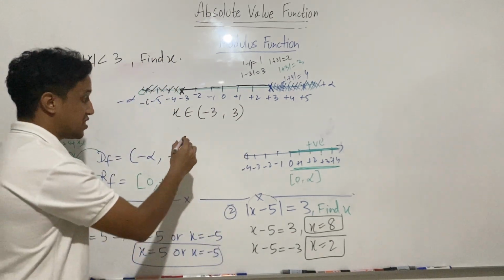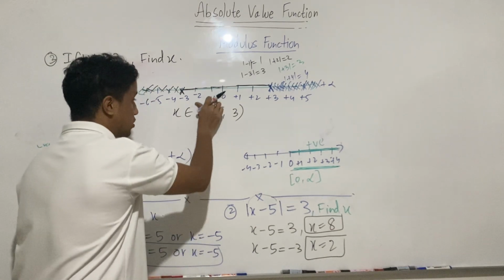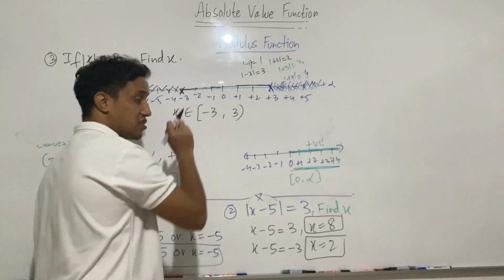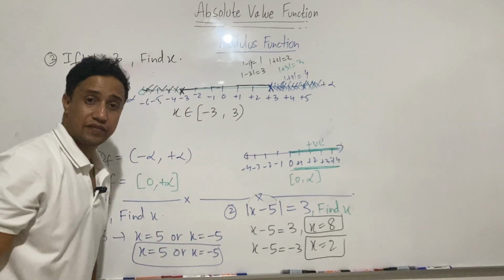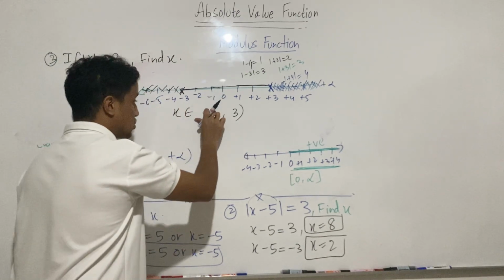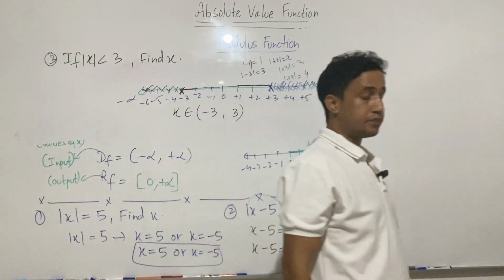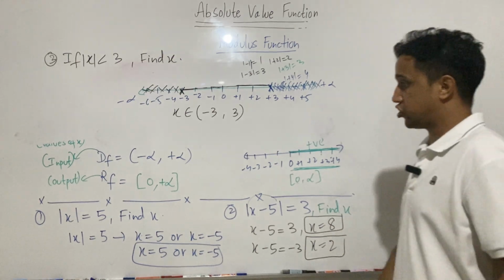And this is the bracket of inclusion. If I put a closed bracket here, it means that yes, minus 3 is part of the domain. I hope you understand the logic.